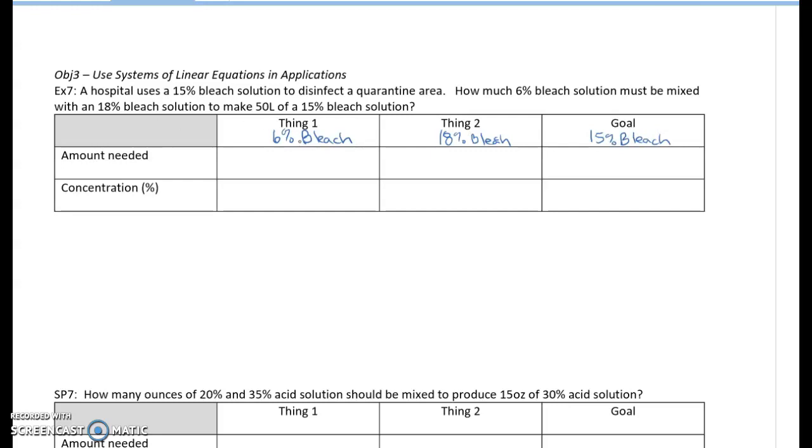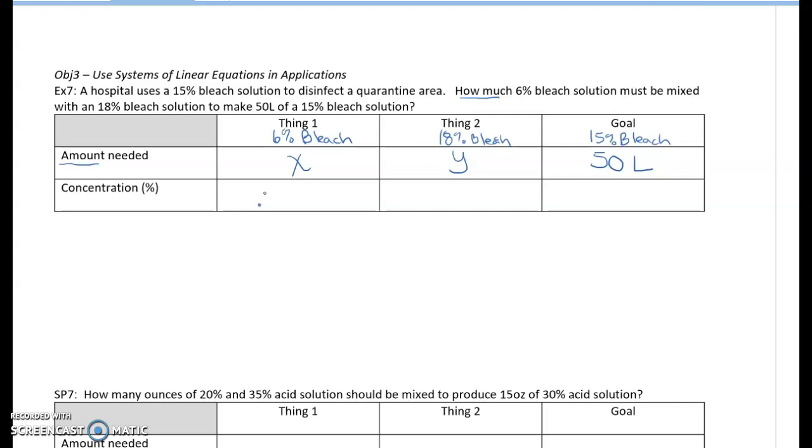So the amount needed is what's in question. It says how much of this one and how much of the other one must be used to make this goal. So thing 1 we're going to call X, and thing 2 we're going to call Y as far as how much is needed. Together our goal is 50 liters. The concentration is how much of that amount is actually bleach.